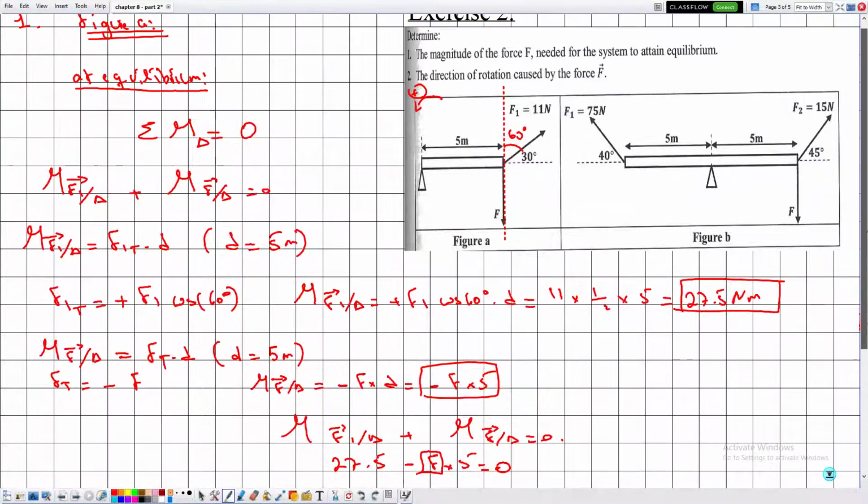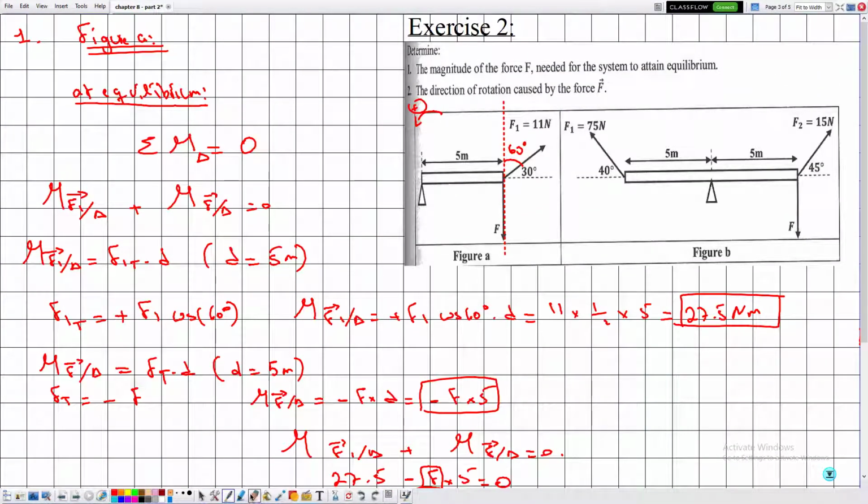Okay. Now as for figure B, I repeat that we are interested in the rotational equilibrium.